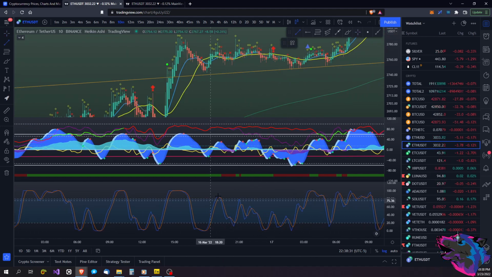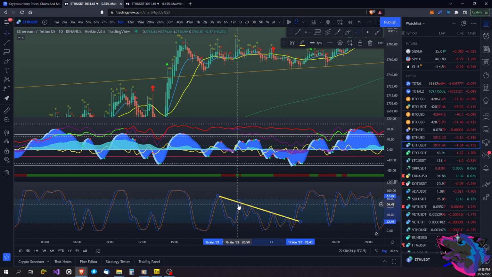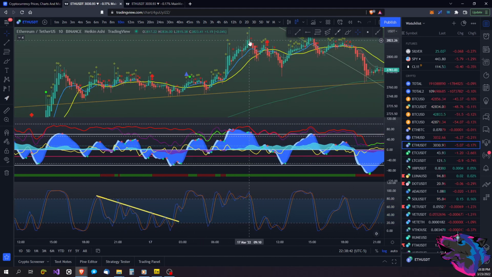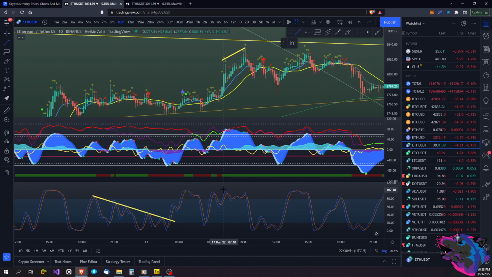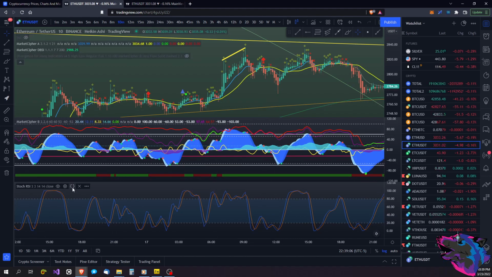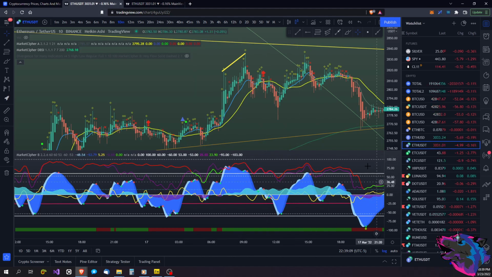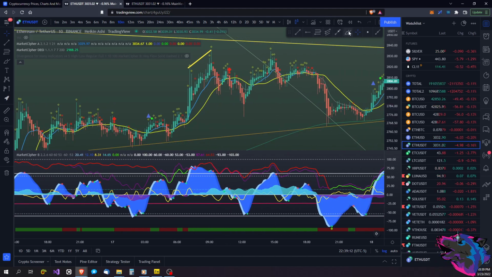You see how we get these trends going with the RSI lines the same way we generally do with the Market Cipher RSIs. And let's see, where's that one at? Here we go. So higher highs on the price right there, lower highs on the RSI. So even if you don't have Market Cipher, you can still look for divergences. So I'm just giving that as an example.